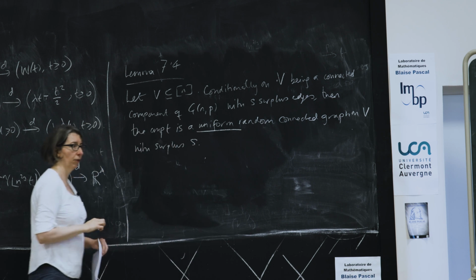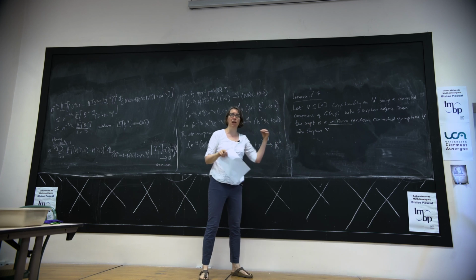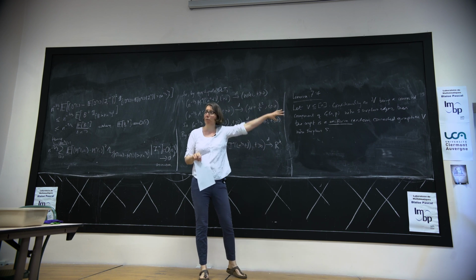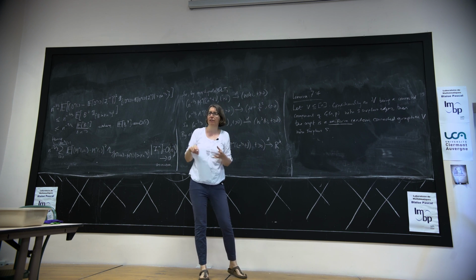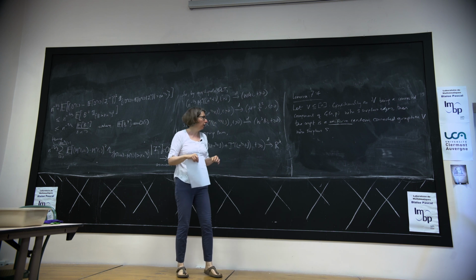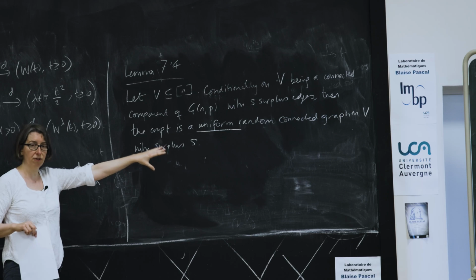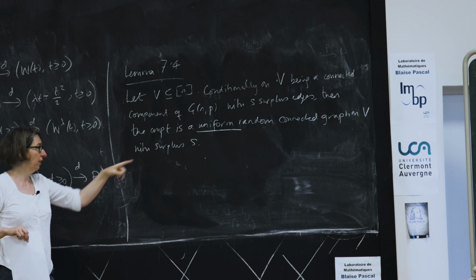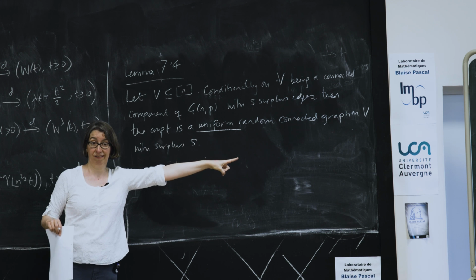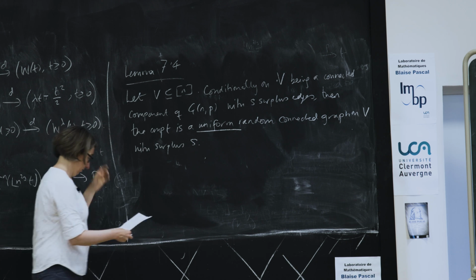Okay. So I haven't any longer got vertices labelled by 1 up to n. They're labelled by whatever the labels in V are, but that doesn't matter. Those are just labels. Okay? So this is in particular a component of the Erdős-Rényi graph that has a particular surplus. It's just a copy of one of those things. Okay? All right.